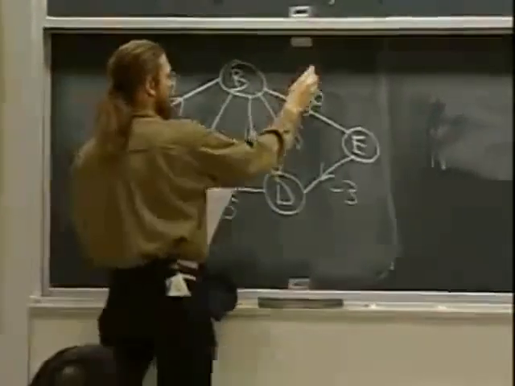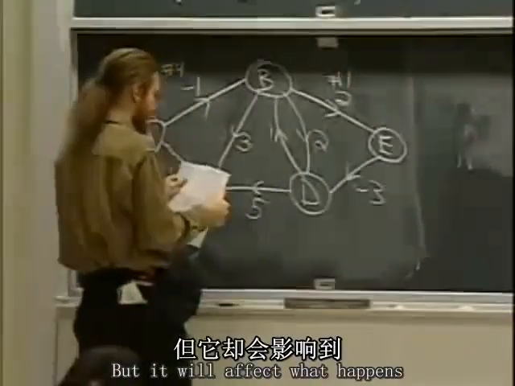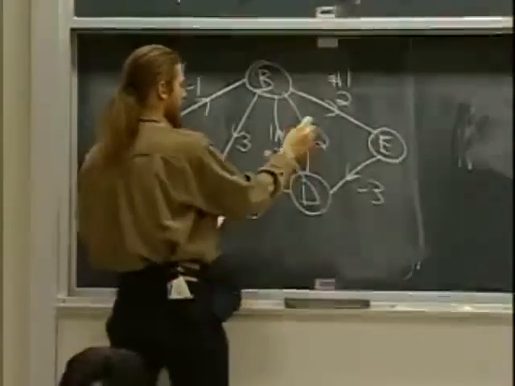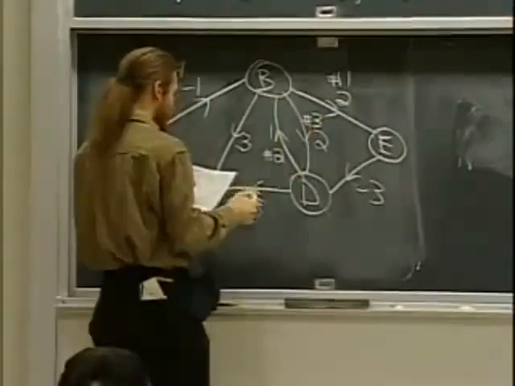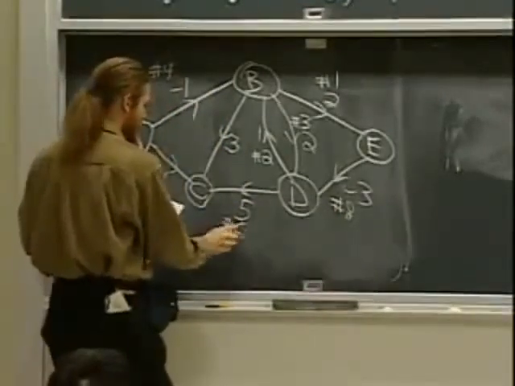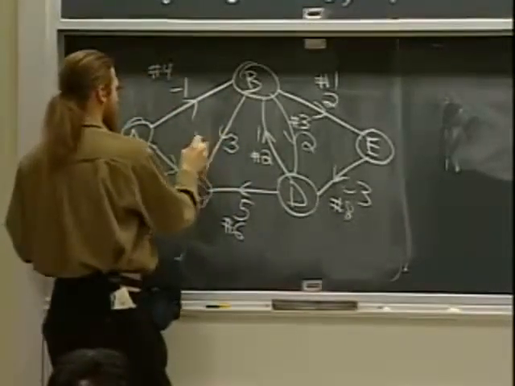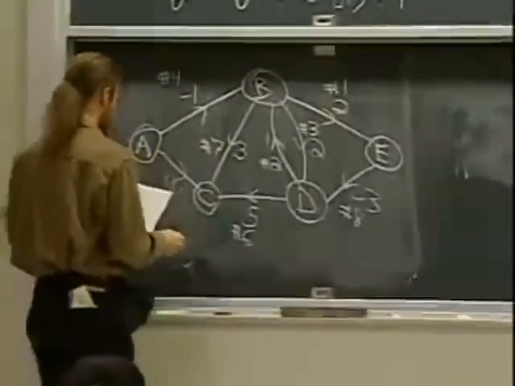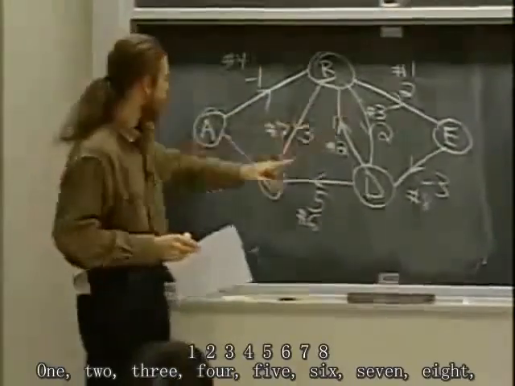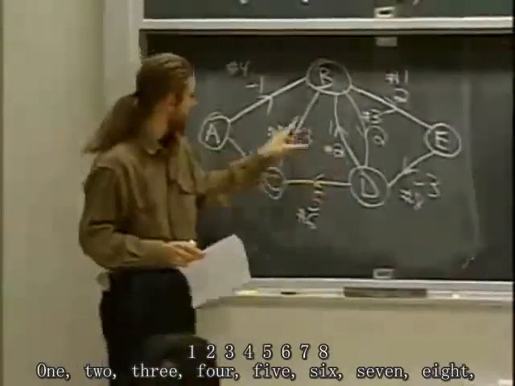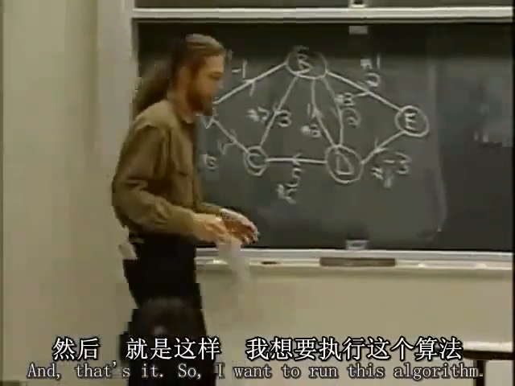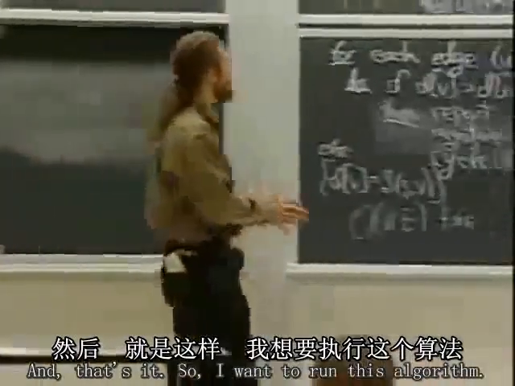It doesn't matter, but it will affect what happens during the algorithm for a particular graph. 1, 2, 3, 4, 5, 6, 7, 8. Okay? And my source is going to be A. And that's it. So I want to run this algorithm.